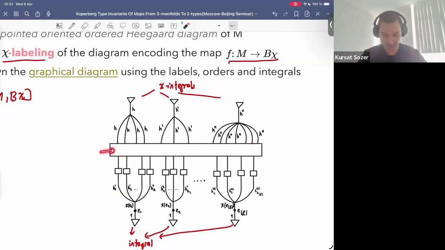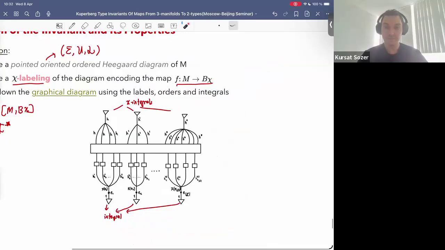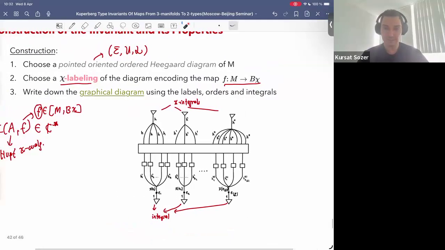And this box is precisely an element of the symmetric group on this number of intersections. And then we apply the multiplication in the graded Hopf algebra, and we apply the chi integrals. Okay, this is now the invariant.